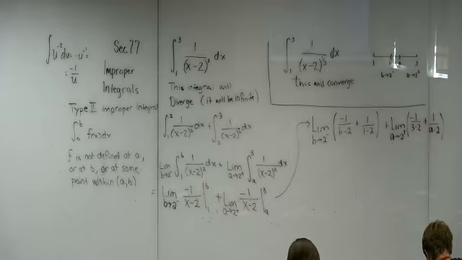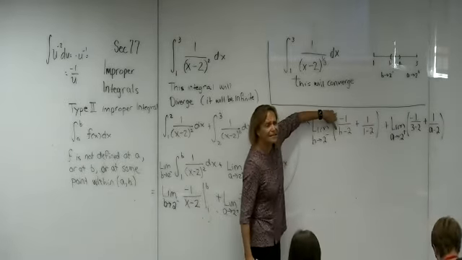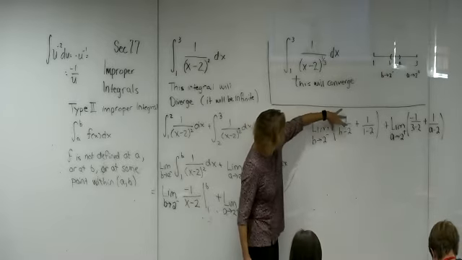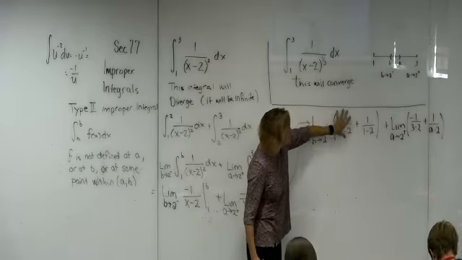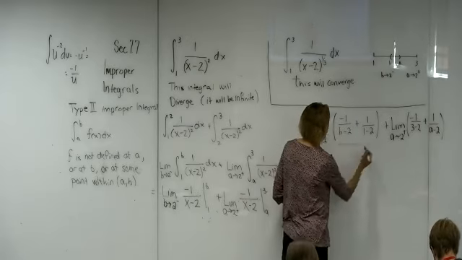Take a second to look at what you've just written down and tell me why I say that this integral is going to diverge. Because if you sub in 2 for a and b, you're going to get 1/0. As this b is still in the denominator, it's still a b minus 2. So when b gets close to 2, this gets close to 0. So this thing goes to infinity. So this limit does not exist.